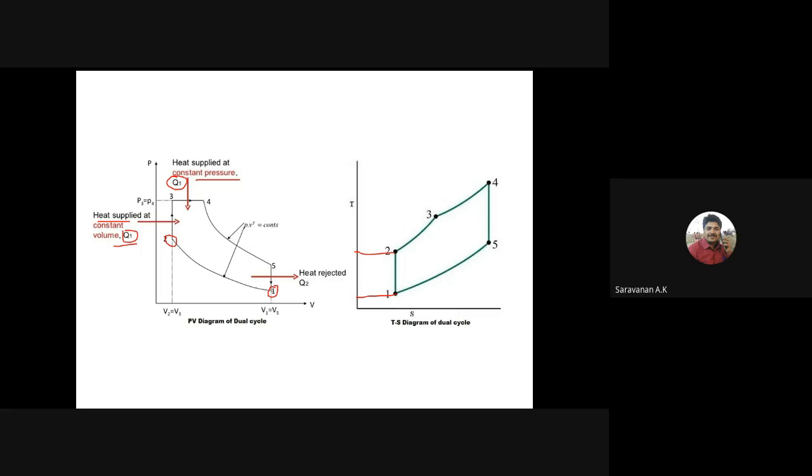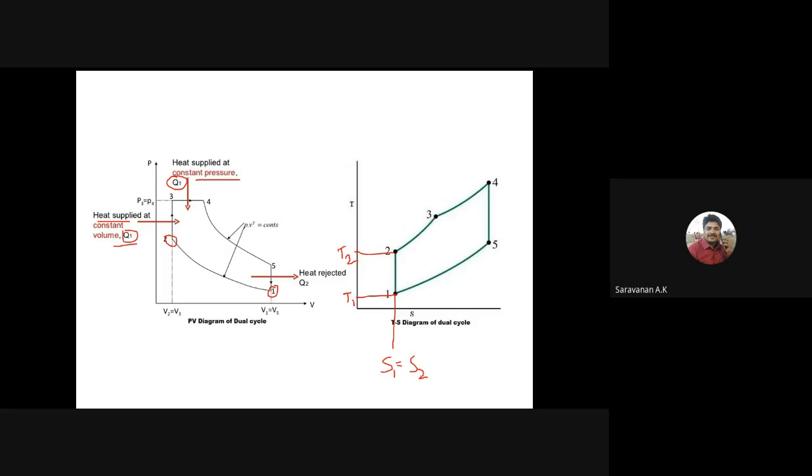Here T1 is low and T2 is somewhat higher than T1. At that time the entropy is constant.